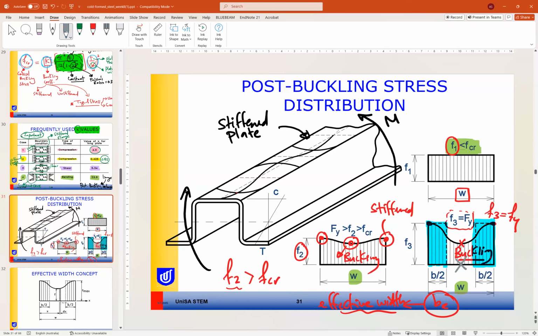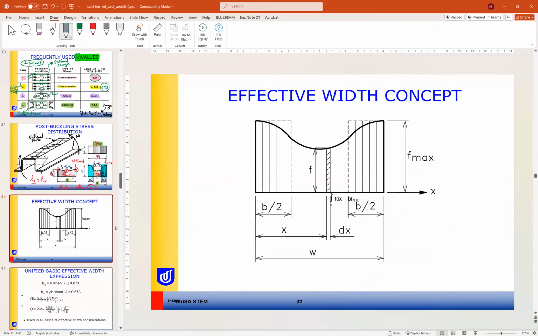So this means that instead of using the whole W, we use B effective over 2 from the left and B effective over 2 from the right.